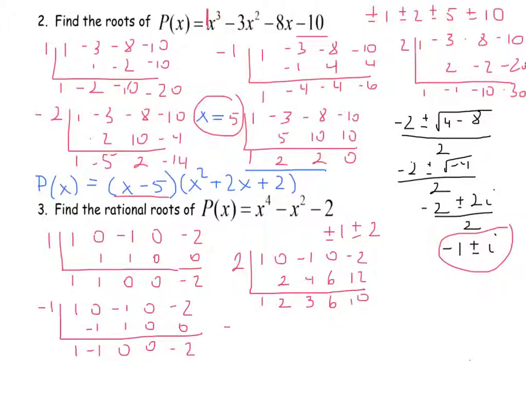And the last one is negative 2: 1, 0, negative 1, 0, negative 2, 1, negative 2, negative 2, 4, 3, negative 6, negative 6, 12, and 10. And since I could not find a 0, that means this polynomial will not have any rational roots.